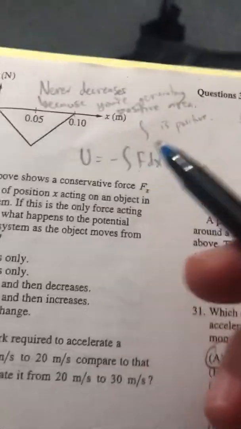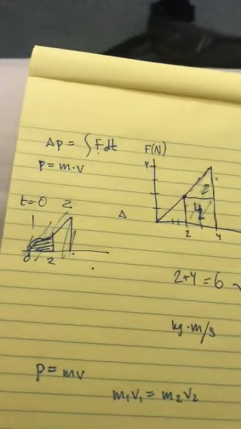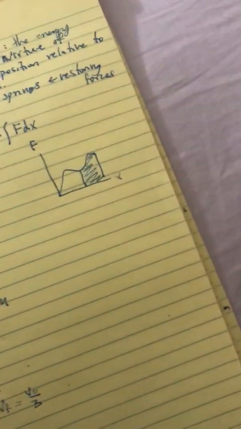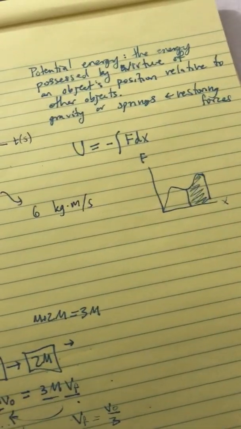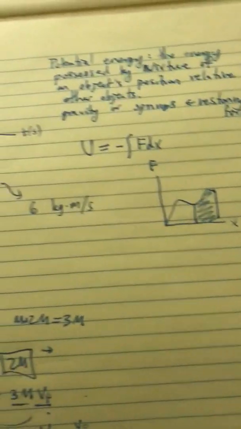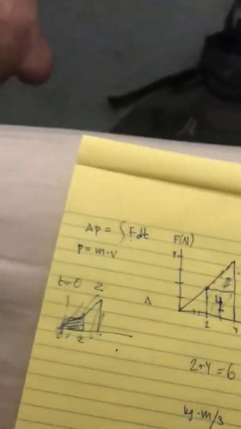So all we have to do to find the potential energy of this system is just use this graph, of course. All we have to do is look at the graph, which is right here. I'll draw a little diagram right here.